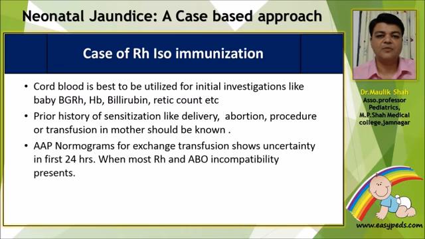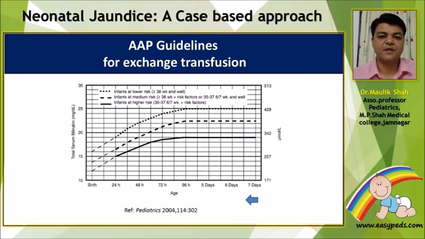AAP nomograms, or the charts for exchange transfusion, show a little uncertainty in the first 24 hours, when most of the Rh and ABO isoimmunizations usually present. So there is a little query while adapting to these AAP nomograms, especially in the first 24 hours. The AAP guidelines for exchange transfusion nomogram is displayed here.